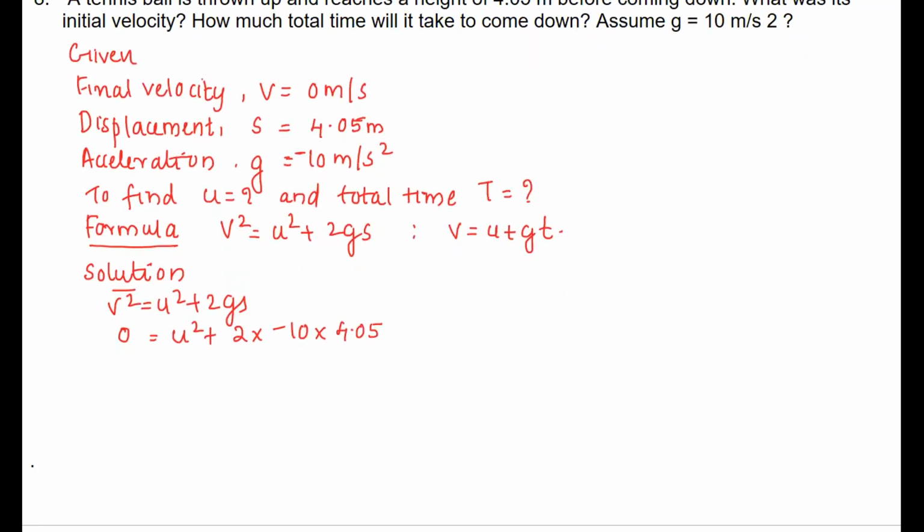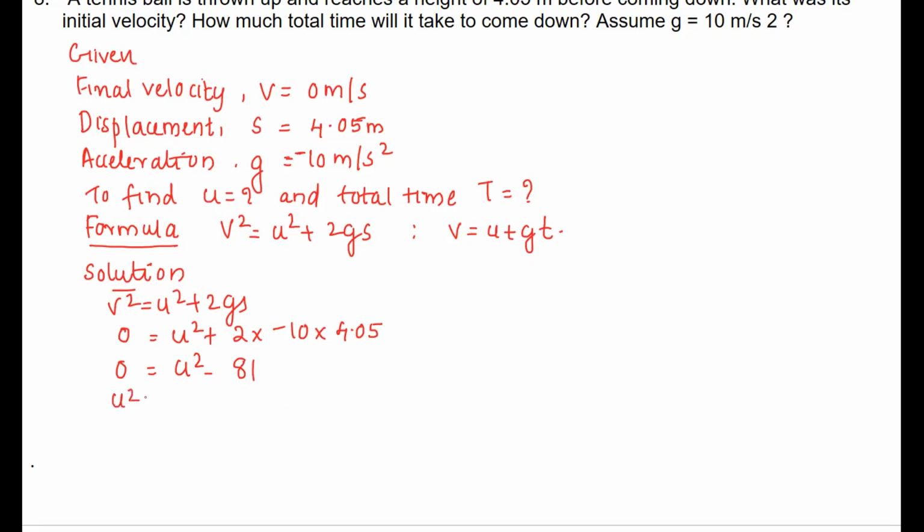That is 0 is equal to u square minus 2 into 10, 20. 20 into 4.05 is 81. u square minus 81.